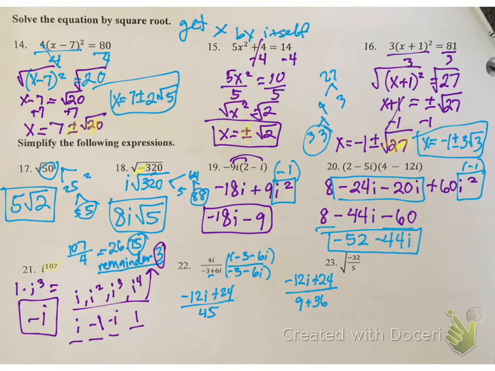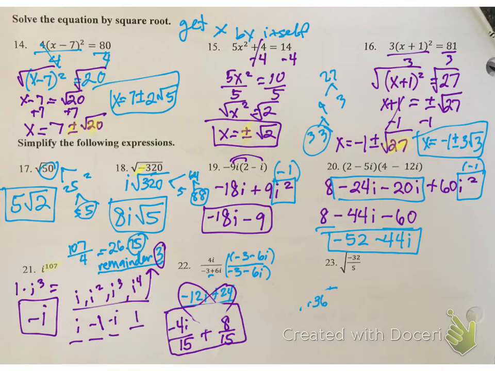If I reduce this fraction right here, it would reduce to negative 4i over 15, plus, reduce this fraction, that would become 8 over 15. So that would be your final answer. I'm going to erase that right here.